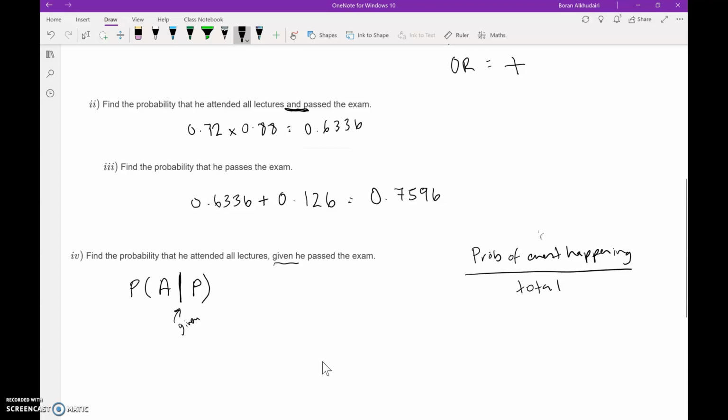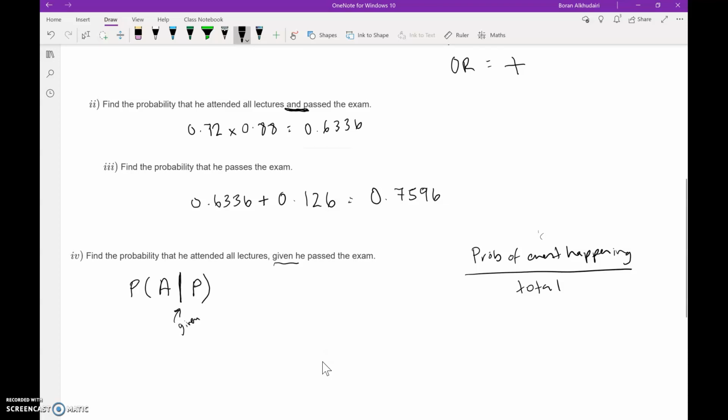But in this case, in a given, what they're actually saying is, what's the probability that he attended lectures out of the probability that he has passed the exam. So that's what this is trying to say. Whenever you see given, it's saying that I want to find out the probability out of the total that he passed the exams.